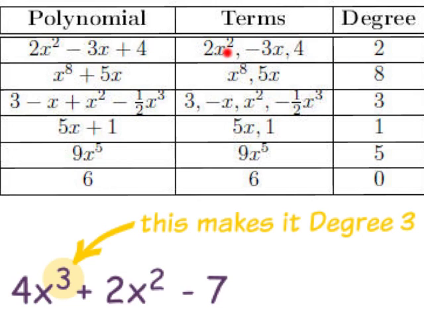This one has a degree of 2 because this is the highest exponent. In this one, it is an 8th degree polynomial because it has an exponent of 8. This one is a 3rd degree. This one, a 1 degree. Okay? This one, a 5th degree.